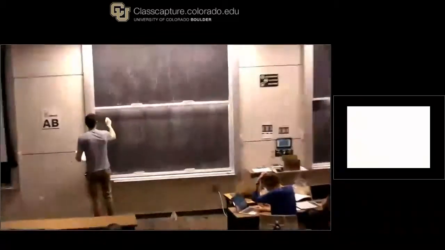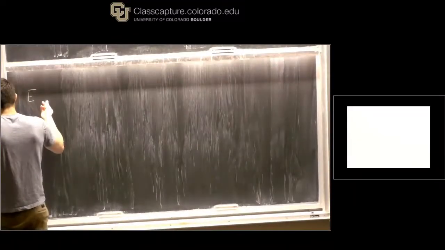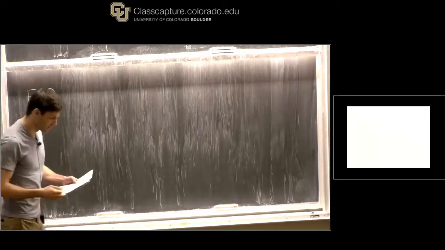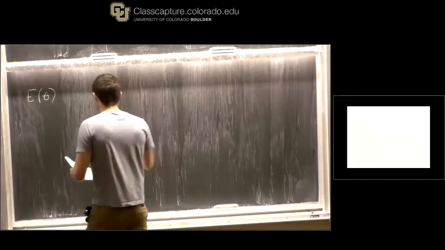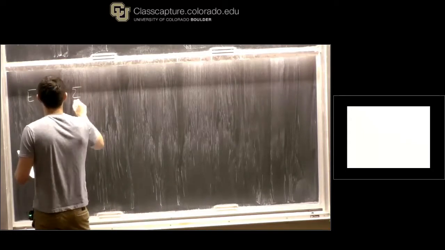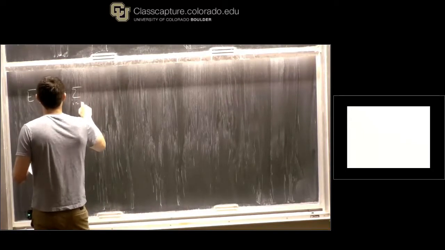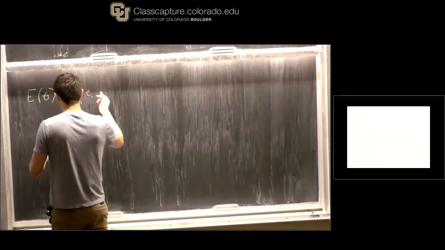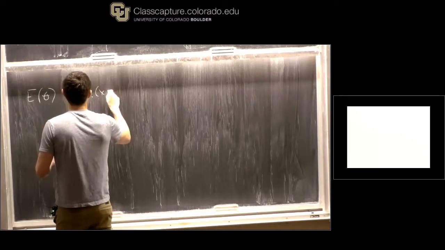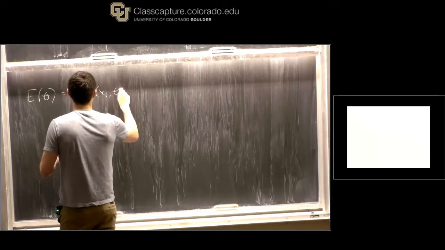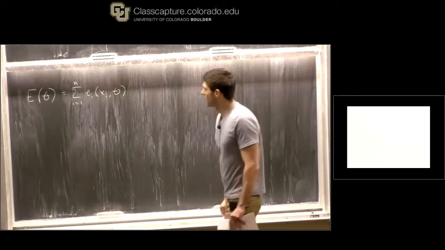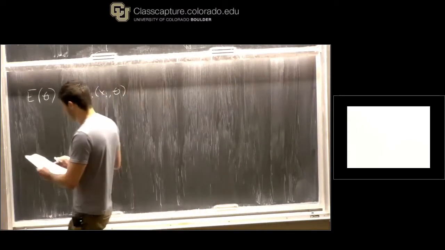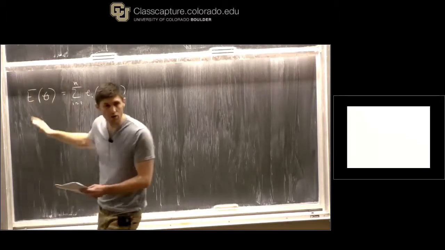So last time we had some error function, which depends on the parameters for a fixed data set. And usually that error function is a sum over all of the errors on individual data points. So you have some data points xi, and you predict on each data point with your model given a set of parameters, and you just take the gradient of this and go in the opposite direction.